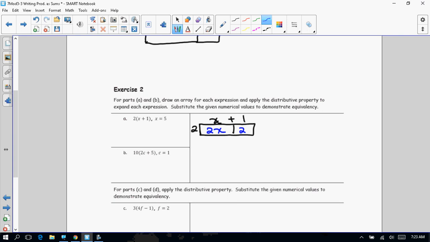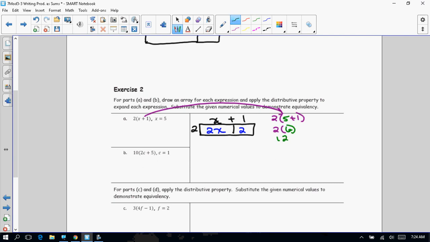Now it says plug in the number 5 and see if it really works. So we're going to take the number 2 times, we're going to plug in 5 plus 1 in the original problem. Right? I'm doing the original problem. And 2 times 5 plus 1, which is 6. And 2 times 6 is 12.